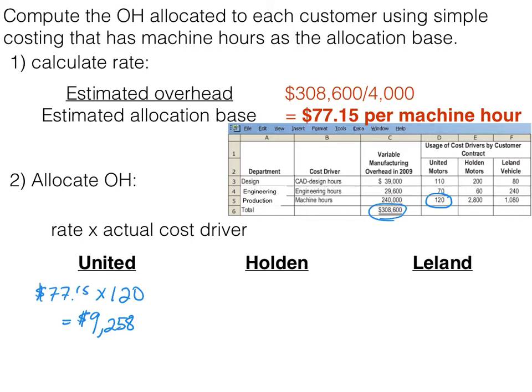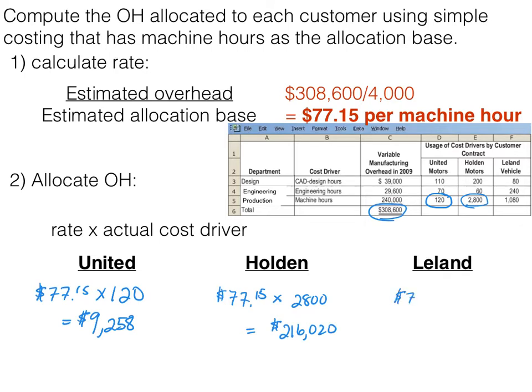Holden, we take our rate, $77.15, and multiply it times the number of hours that Holden used, which was 2,800. So Holden is going to get allocated $216,020 of our overhead cost.